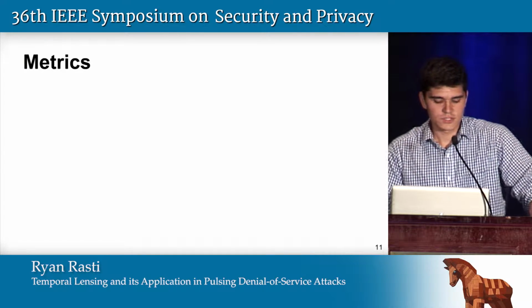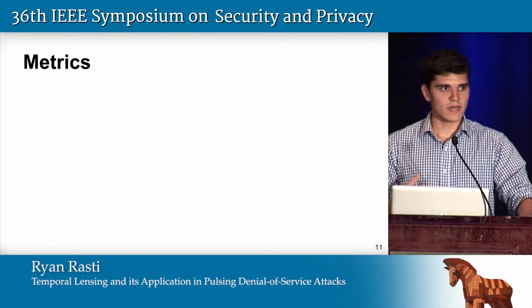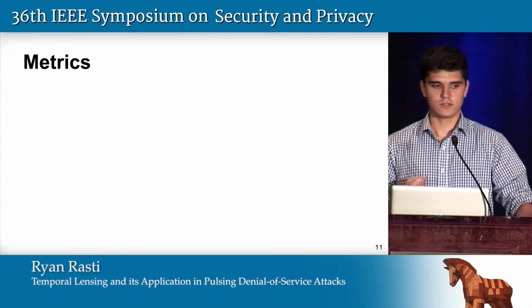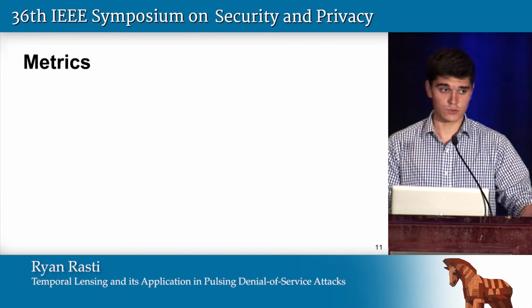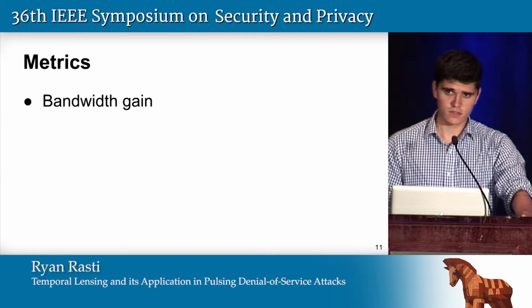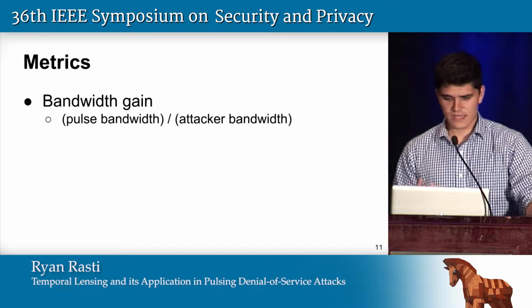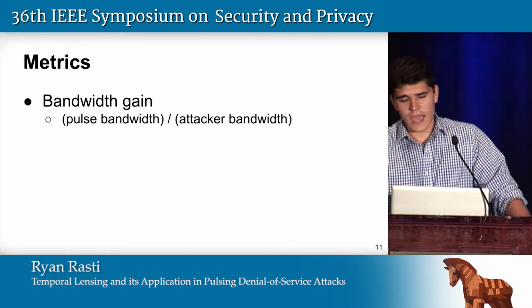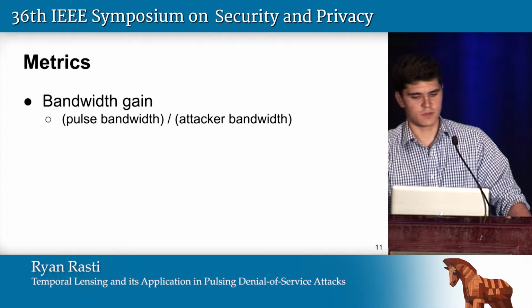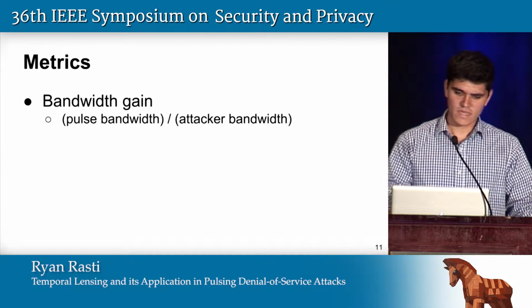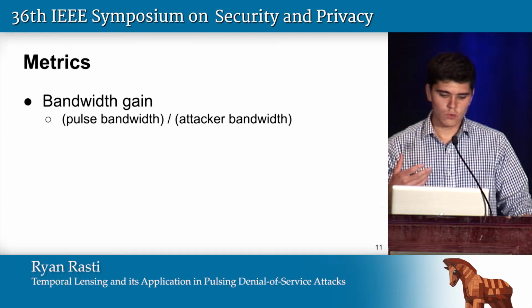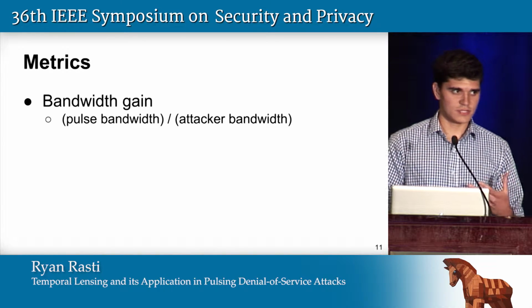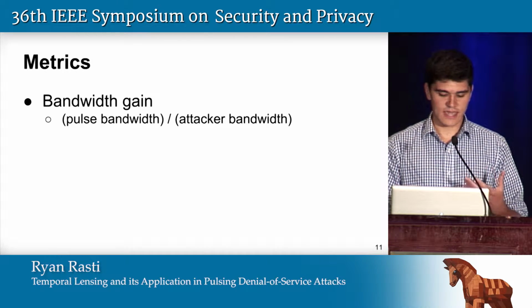Before we get to the results, we want to ask how we can really determine how effective lensing is. We came up with two metrics. The first is the bandwidth gain, which asks how much bang an attacker can get for his buck. We determine this by taking the bandwidth of the pulse that an attacker creates relative to the attacker's own upload bandwidth.